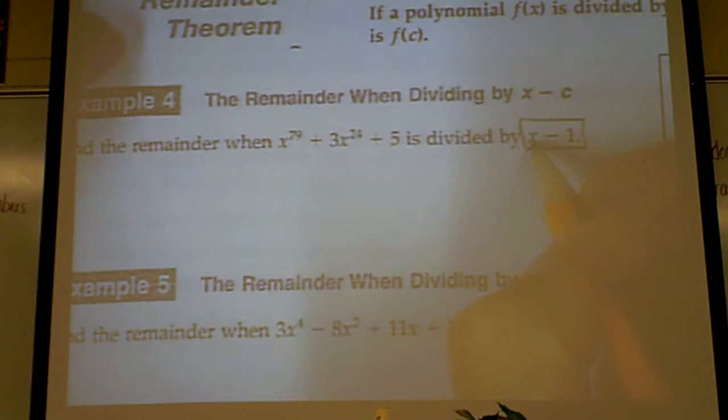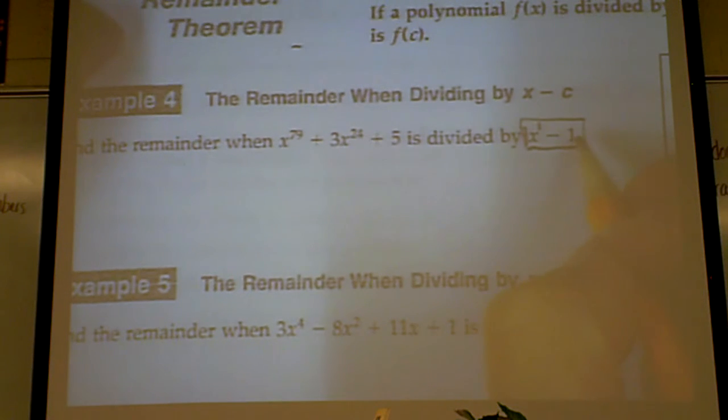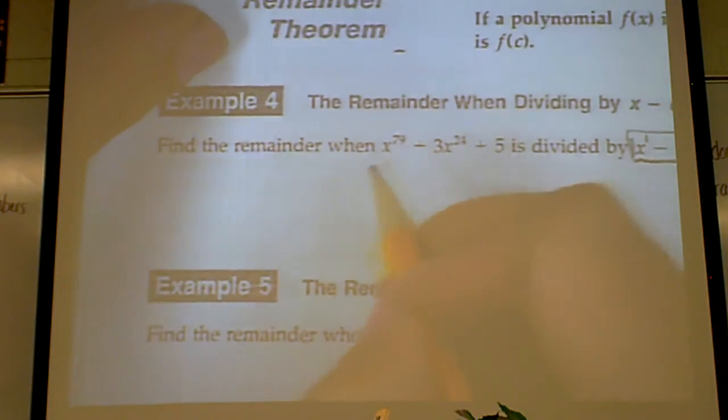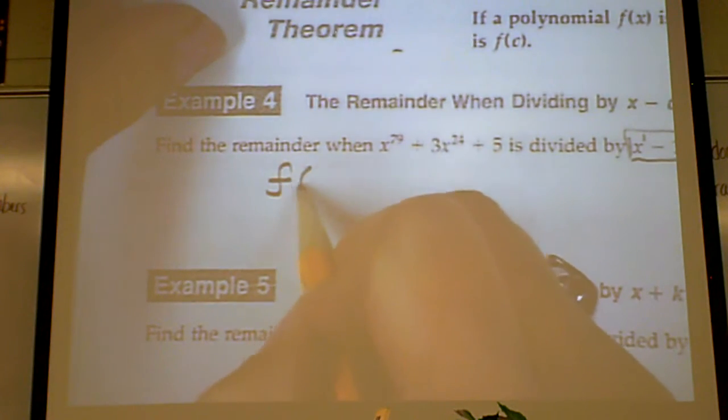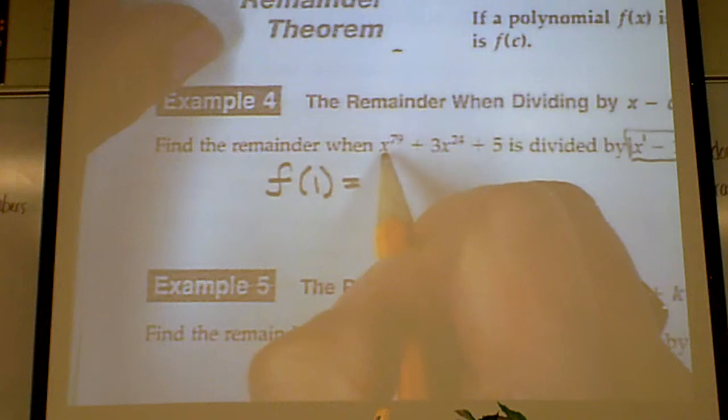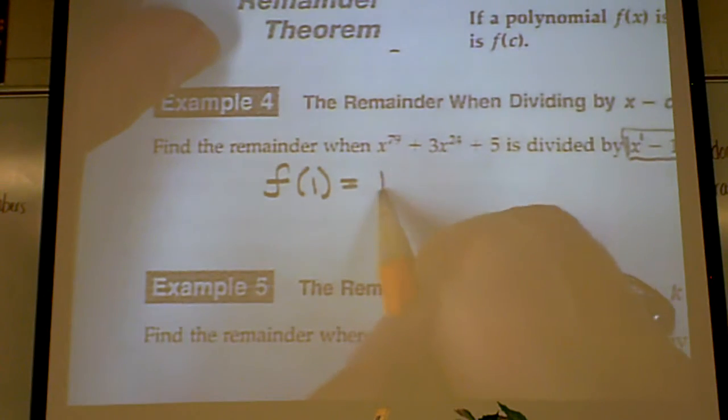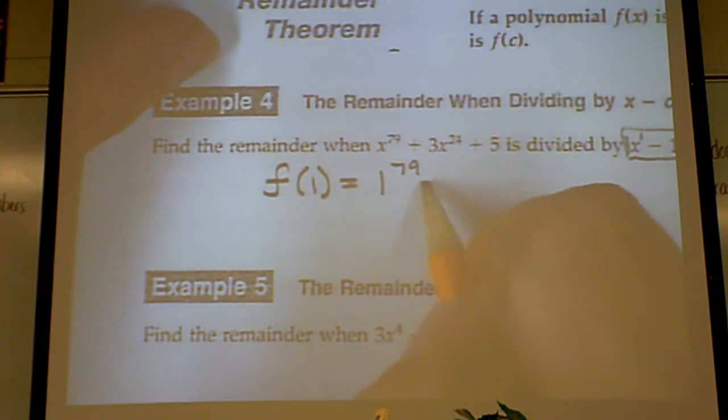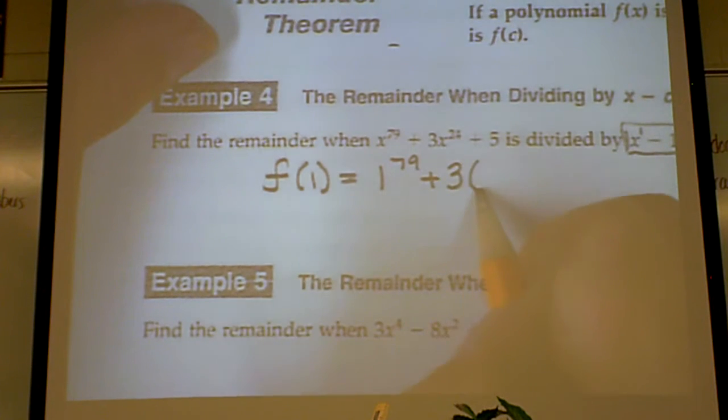If the divisor has a degree of 1 and a leading coefficient of 1, what you do is you take the opposite of this number, which would be 1, and you're going to evaluate this for f of 1. If you were to put a 1 in here, what is 1 to the 79th power? Plus 3 times 1 to the 24th power. 3.